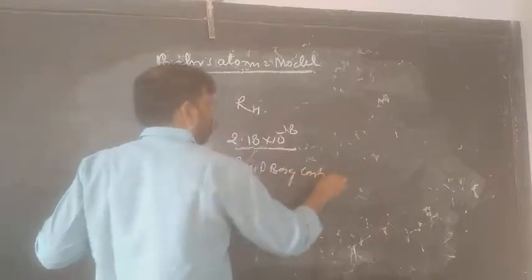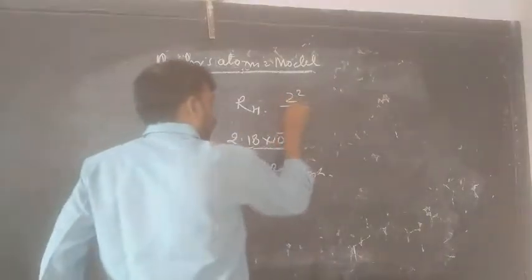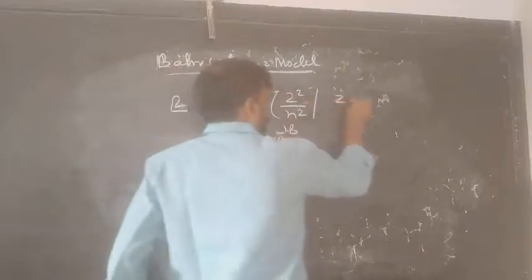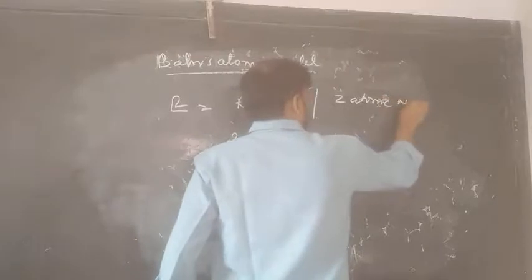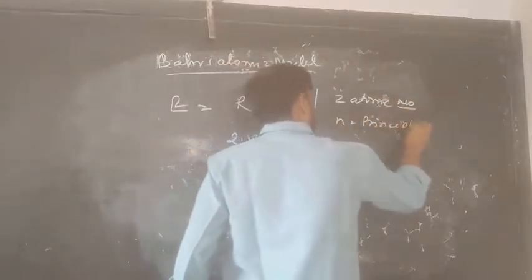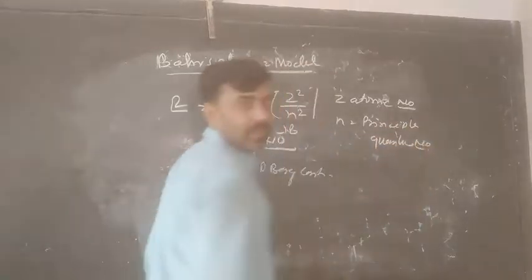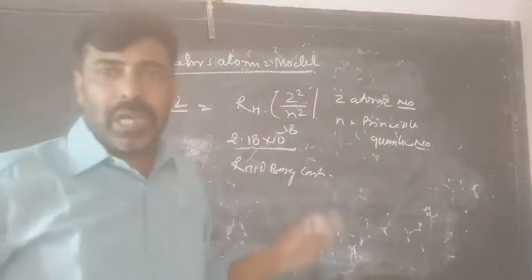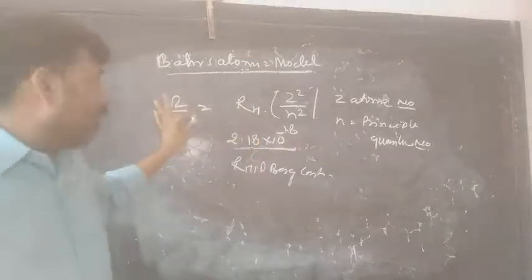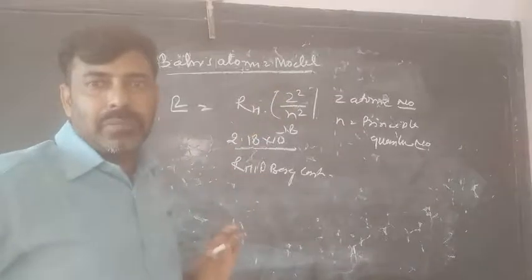Then E equal to RH Z square upon N square, where Z is the atomic number and N is the principal quantum number. So energy of any orbital E equal to RH Z square upon N square.